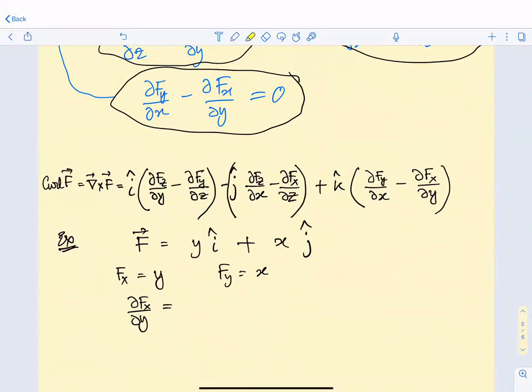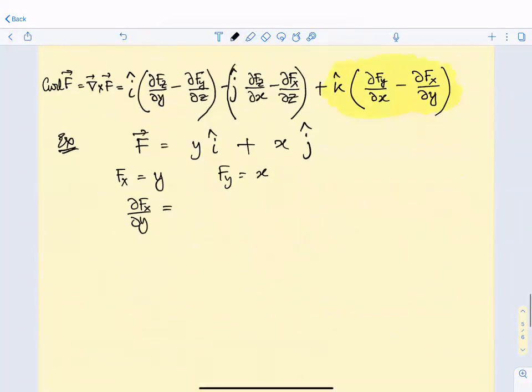Okay, by the way, we need only this term, right? Because the force does not have any z component in this problem. So del fx del y equal to how much? 1, and del fy del x is also equal to 1.